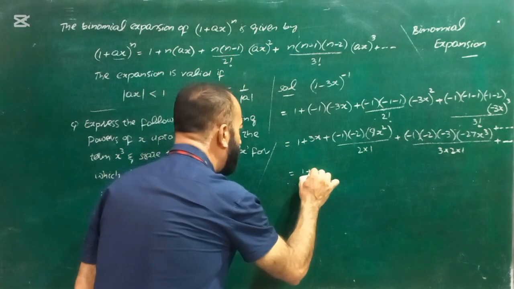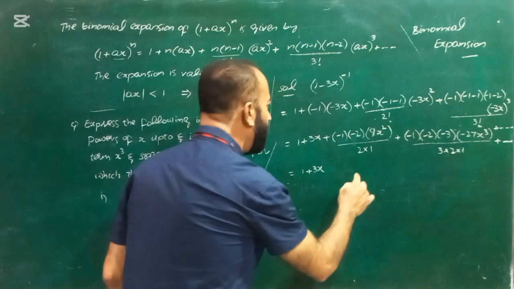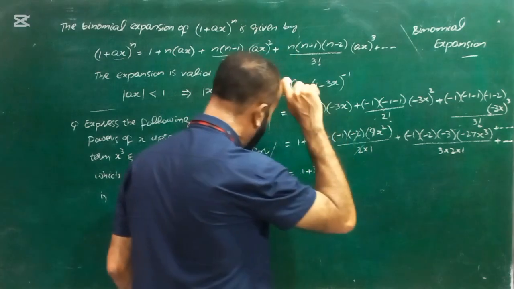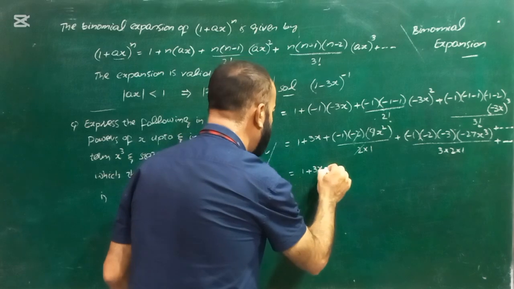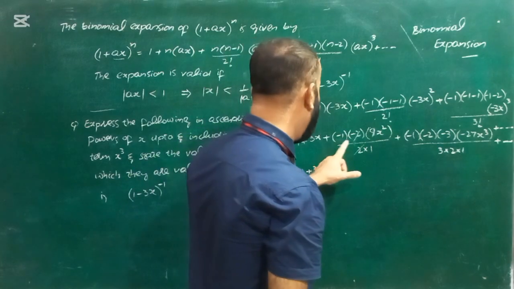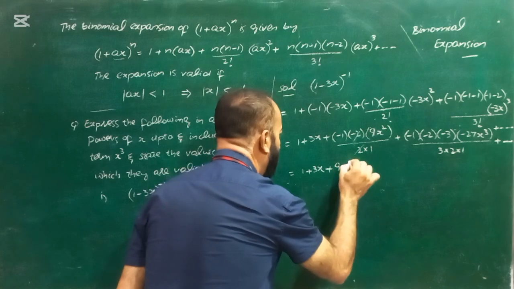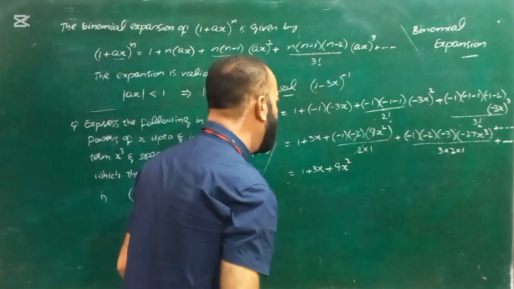Finally, 1 + 3x. This 2 will be cancelled by this. The minus and minus signs will become plus, and 9x squared will be left here.